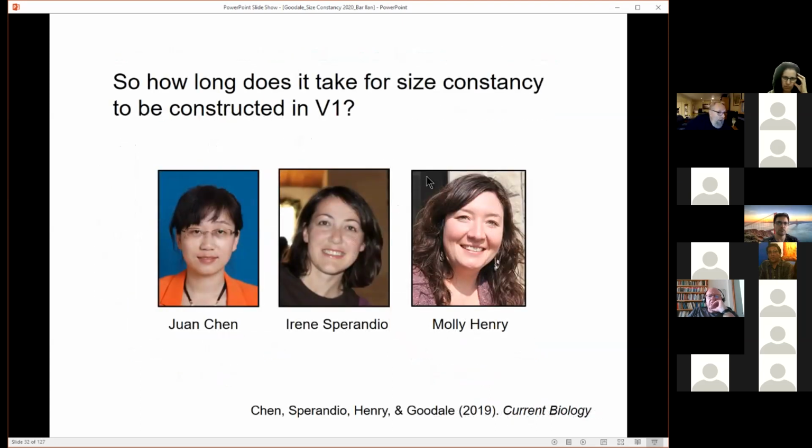So rather than using fMRI, which really has such a slow temporal resolution that you can't use it to measure the onset of any change that reflects a switch from retinal image size to a real-world size representation of V1, we used EEG, and this work was led by Zhuang Chen, who is my postdoc, who's now at South China Normal University in Guangzhou in China, Irene, and Molly Henry, who's at the Max Planck Institute in Germany right now, running her own lab.